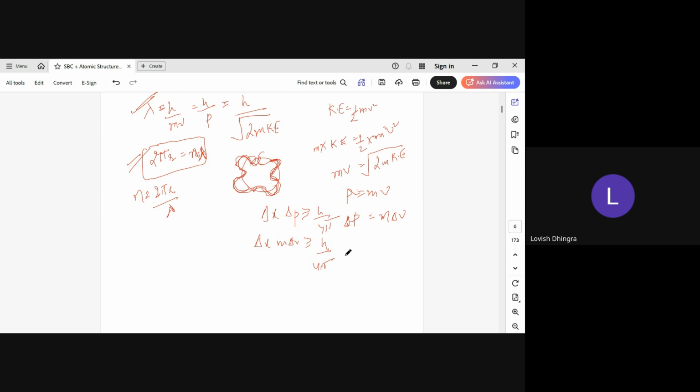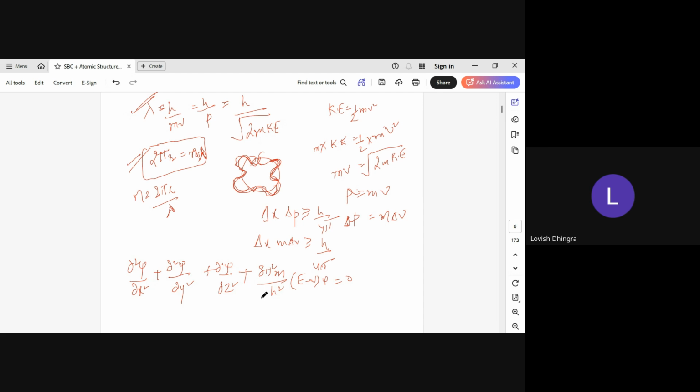Okay, next one is the Schrodinger wave equation. So how do you define any wave function equation? Del square psi upon del x square plus del square psi upon del y square plus del square psi upon del z square plus 8 pi square m upon h square into (E minus V) into psi is equal to 0.